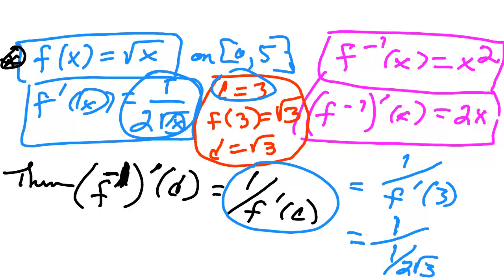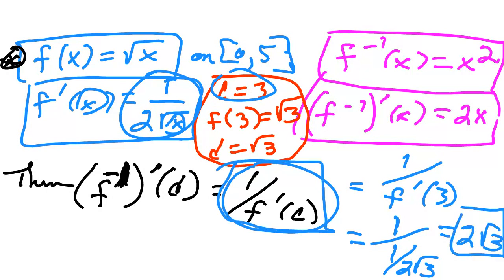So it's 1 over 1 over 2 root 3, which is 2 root 3. So the right side of this equation is 2 root 3. And I don't think I showed that very clearly at the end of the last video.